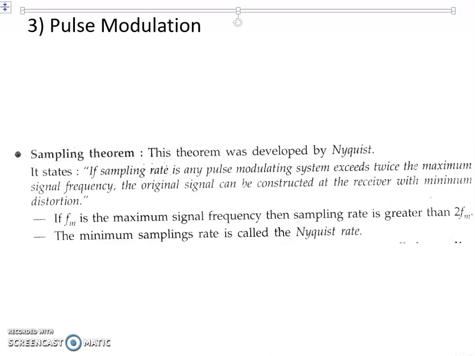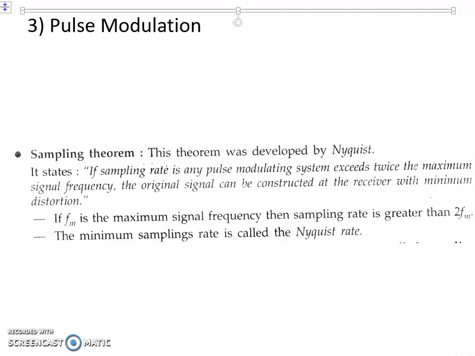In analog modulation, the amplitude or frequency or phase of a carrier wave is varied according to the instantaneous voltage of the signal. But in pulse modulation, as we have defined, either the amplitude or width or position of the pulse is varied according to the instantaneous voltage of the signal.